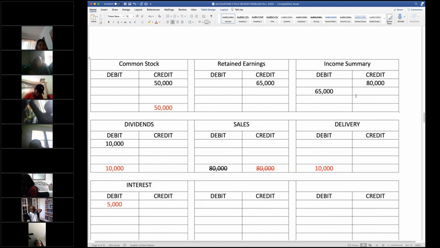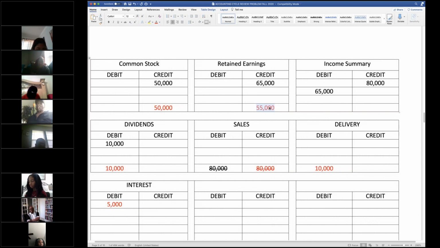When you finish the other 2 closing entries, you'd have a balance in this account of $55,000. So the purpose of the closing entries is to move this account from 0 to $55,000.